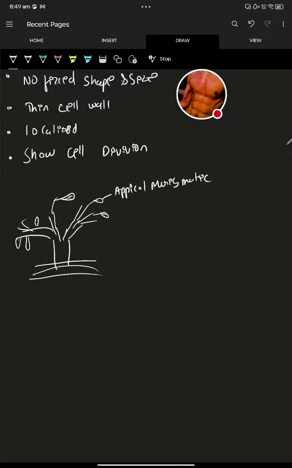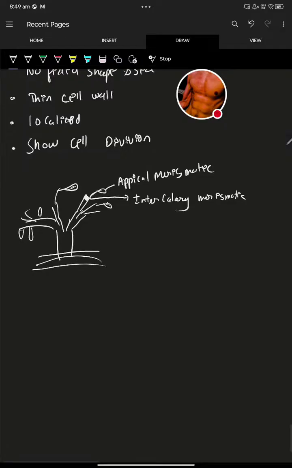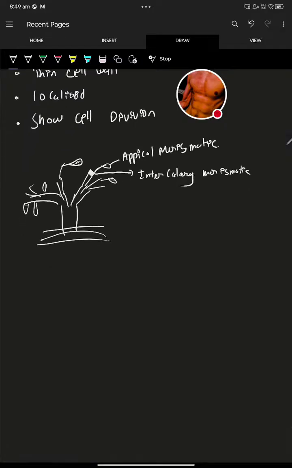Now this is the stem, and this is where the leaf is joining. At this point where the leaves and the stem join, it is called intercalary meristematic. This is like the bulge between leaves and the stem. Inter means between, you could remember it like that.